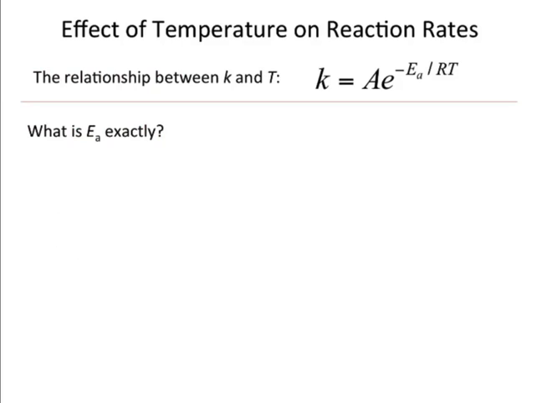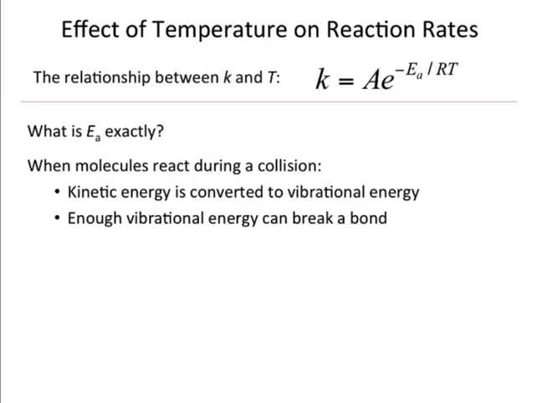So, what is activation energy? Molecules react when they collide, and you need some energy in order to make this happen. Why? Because during a collision, this kinetic energy is converted into vibrational energy and other things in the molecule that make the reaction happen. You need enough of this energy to break the bonds and make the reaction go. It's just common sense.